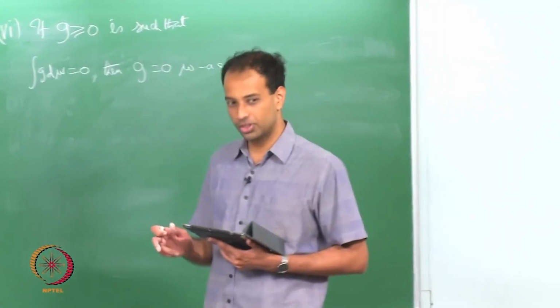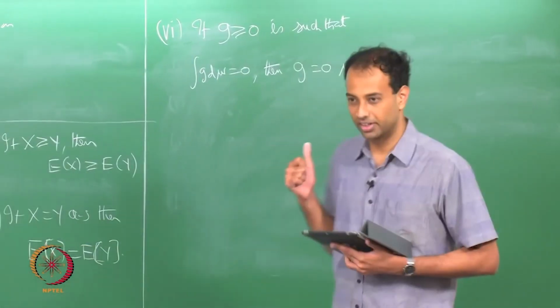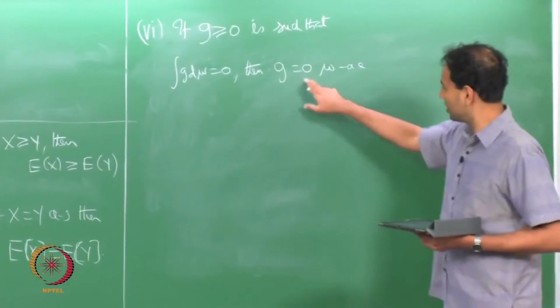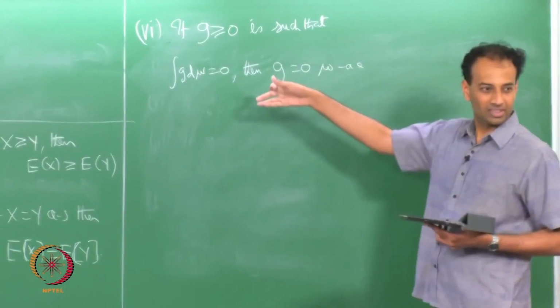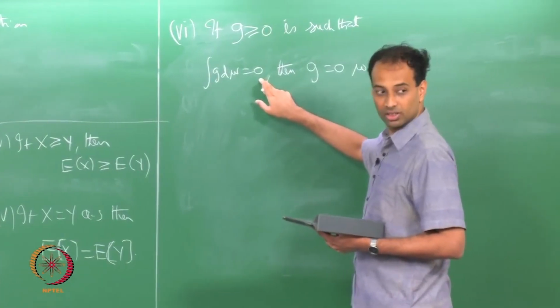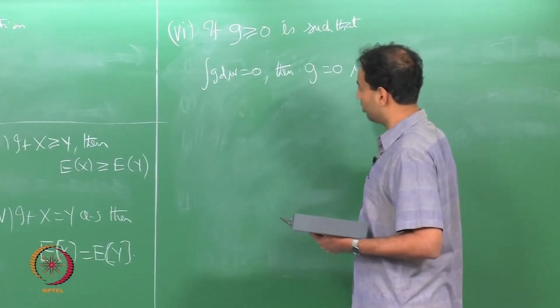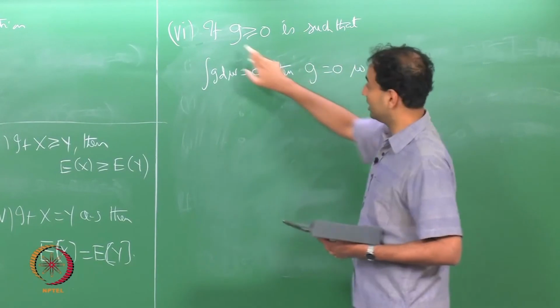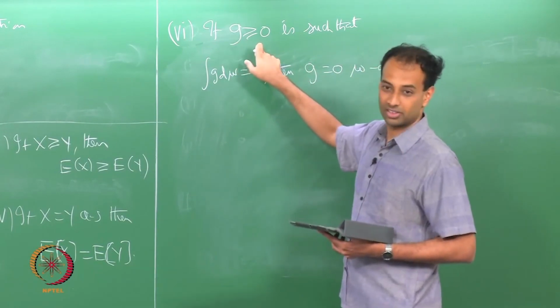This is the converse to a property we have already studied. We said if g equals 0 except possibly on a set of measure 0, the integral is 0, but now we are saying that if the integral is 0, then g is 0 mu almost everywhere, but this holds only for non negative functions.